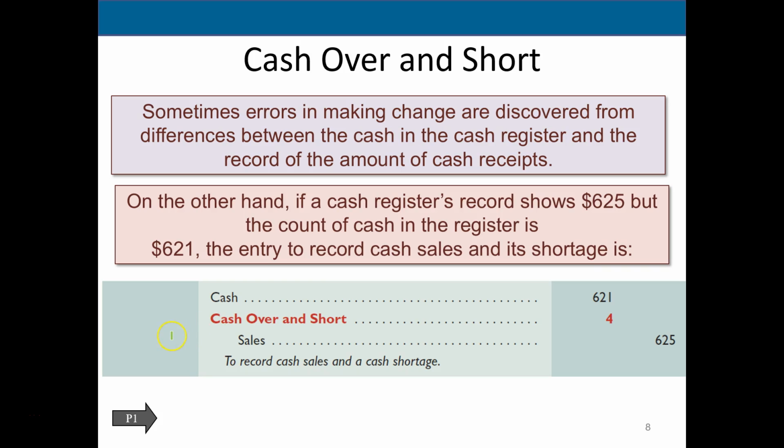If the cash receipts recorded 625, but the count in the cash register is 621, now the cash that we deposited, 621, is short of the actual sales. You would think that would be the more likely thing to happen. If something funny is going on, you'd think the cash we have is less than the sales that were recorded, if someone took something. But it can go either way, and either way does indicate something weird is happening.